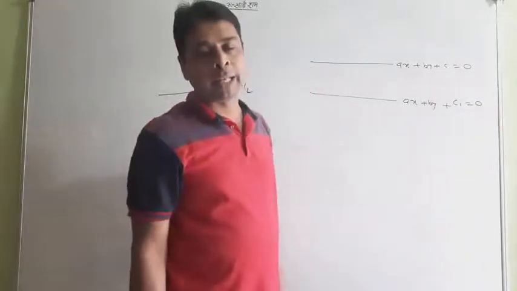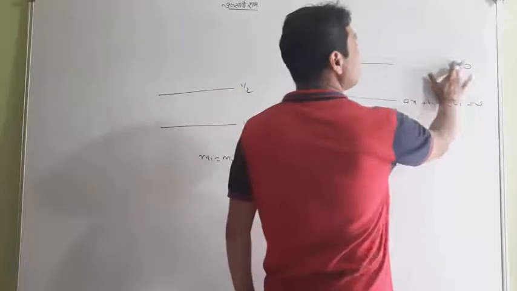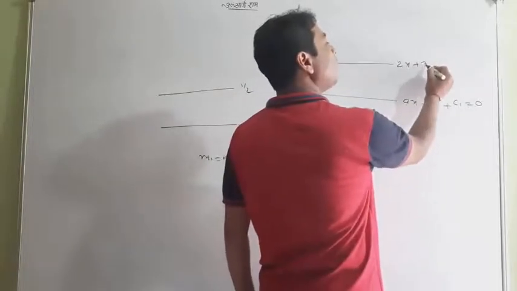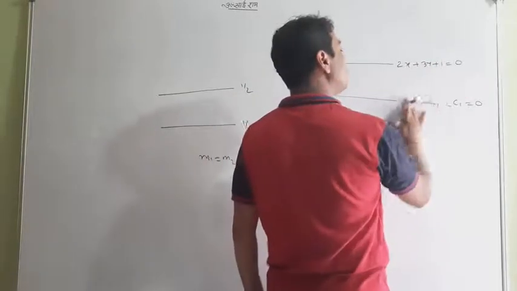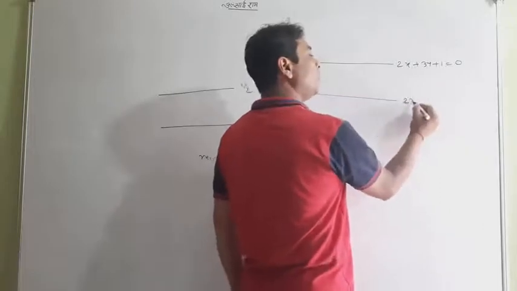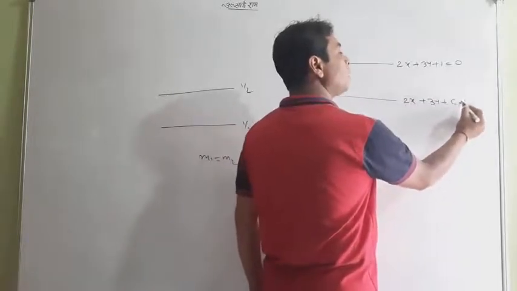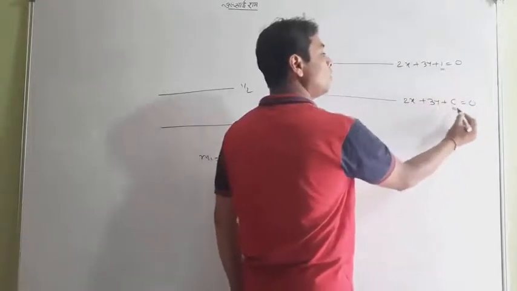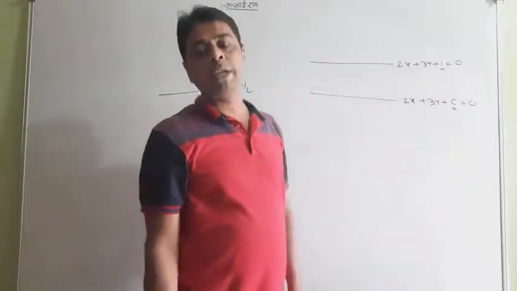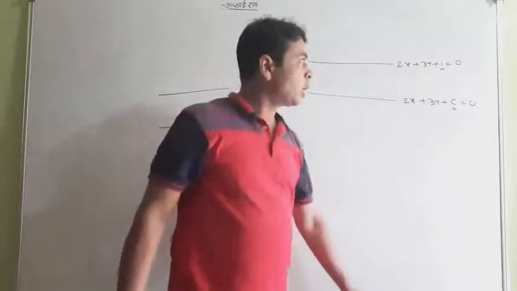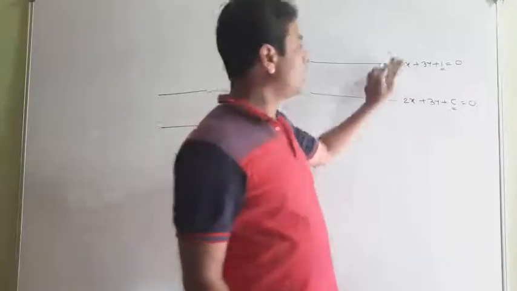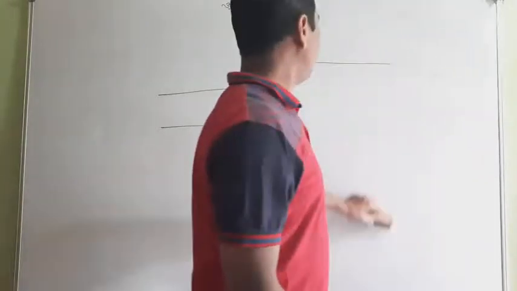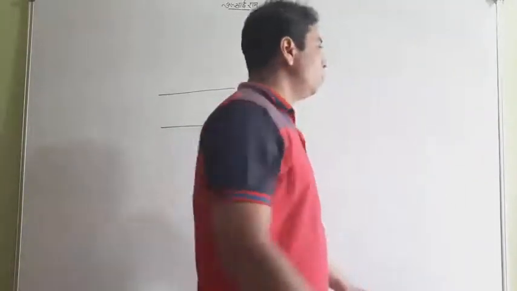That will be its parallel line. For example, suppose it is 2x plus 3y plus 1 equals 0. Its parallel line equation will be 2x plus 3y plus c equals 0. Only the constant will be changed; the rest of the part will be the same. So keep remembering this small concept. This is very important. One more thing I want to share with you.